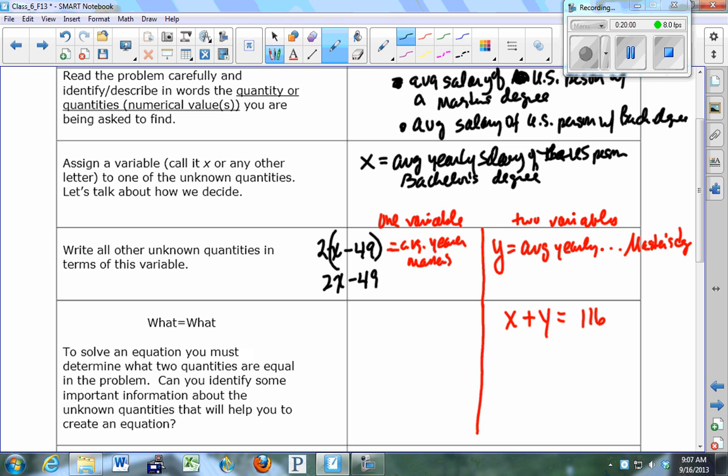So let's try it. We know that if we take our salary from our bachelor's degree and we add the salary from our master's degree, and we're not sure which one it is just yet, we're going to try to figure this out together. So let's try Nathan's idea. We know we're going to get $116,000 when you add those two average salaries together. So let's solve this equation and see what we get.